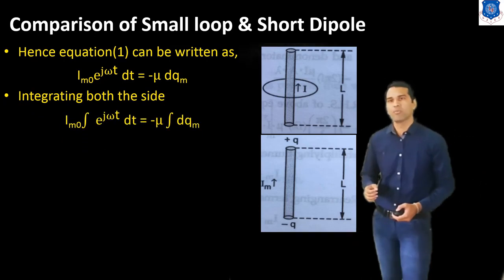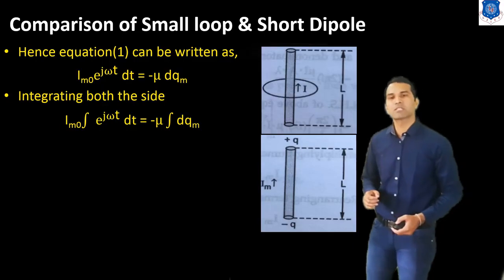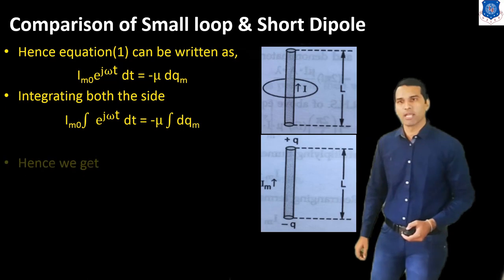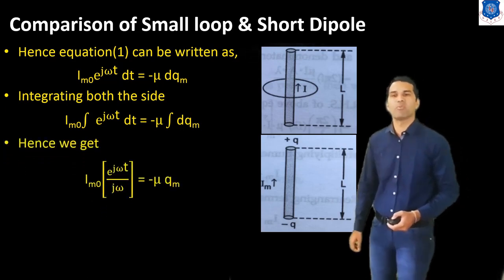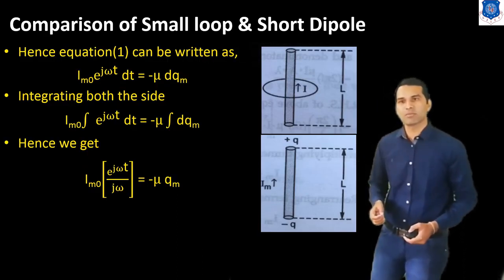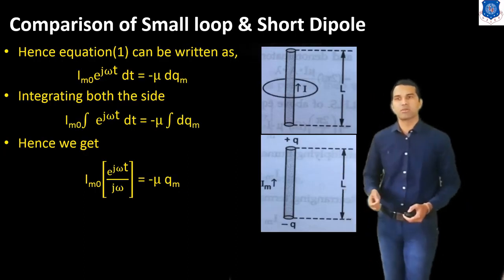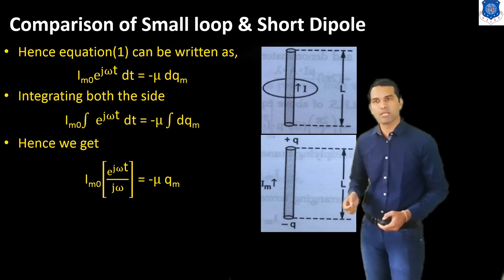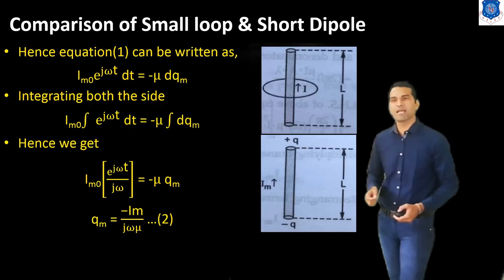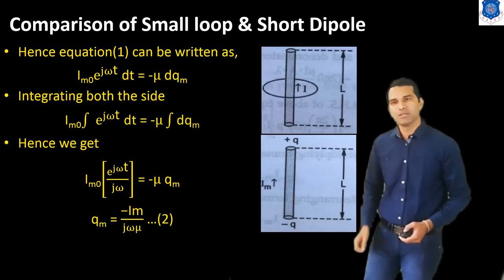We get Im0 integration of e raised to j omega t dt, and minus mu is a constant, so we take the integration with respect to dQm. When we solve this equation, the integration of e raised to j omega t is nothing but e raised to j omega t upon j omega, and on the right hand side, minus mu, and the integration of dQm is nothing but Qm. So we can write this equation as Qm is equal to minus Im upon j omega mu.